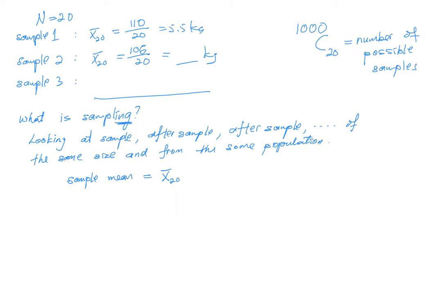Can someone use your calculator and tell me the number of possible samples that you can take? 1,000 choose 20, you know where to find your C? It is 3.4 times 10 to the power of 41. Is it possible for us to take all the samples?